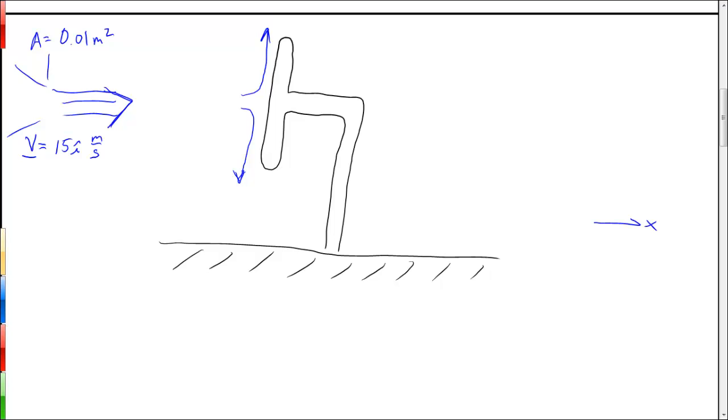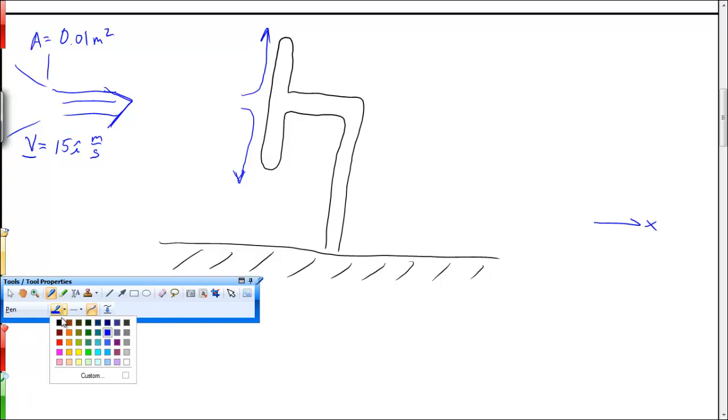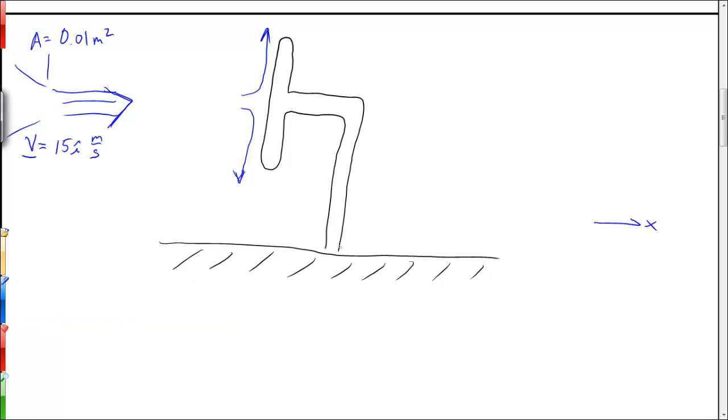And our goal is to find the reaction force on the support. So find the force here, I'll call it Fr, on the support that this water causes.